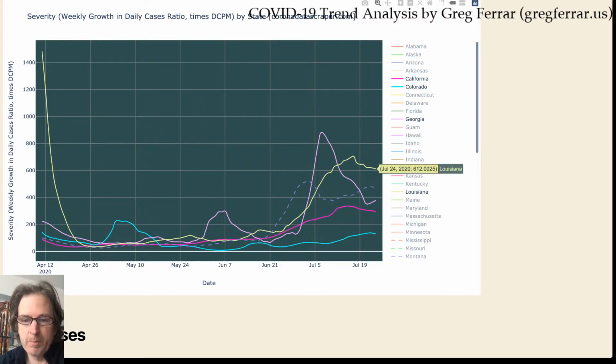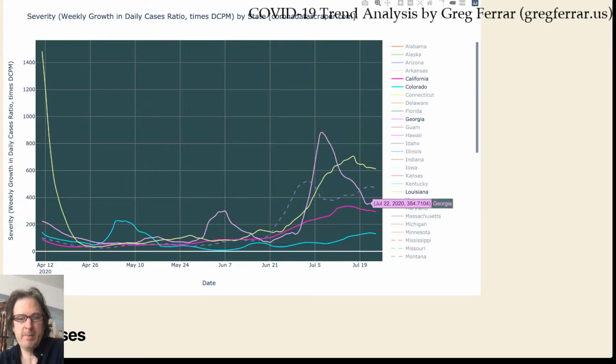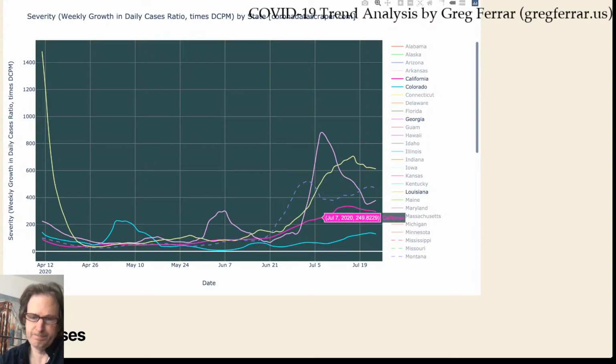Louisiana had a real problem, probably getting better now. Georgia had a real problem, definitely getting better now. With a little hook here again suggests maybe that won't persist, but I'm kind of guessing it will. Texas, kind of holding steady at a pretty unfortunate 500 here. Texas is, in some sense, the worst of all of these, even though it's a little less severe than Louisiana.